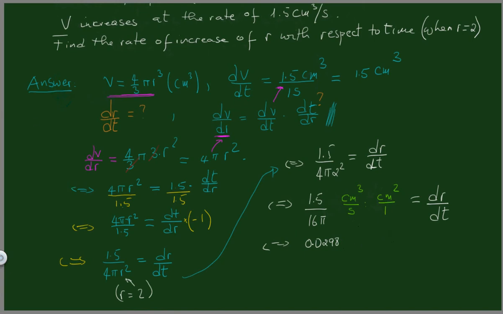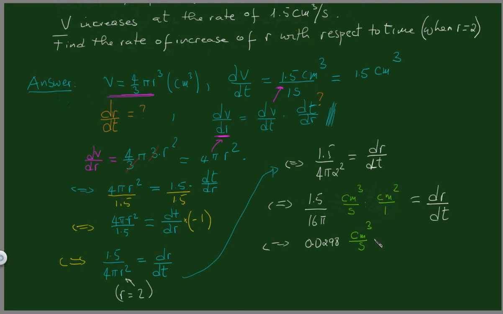Okay, so what about the units now? We have here centimeter cube per second, divided by centimeter squared. When you have two divisions, you can turn them into multiplication by using the reverse of the other fraction.